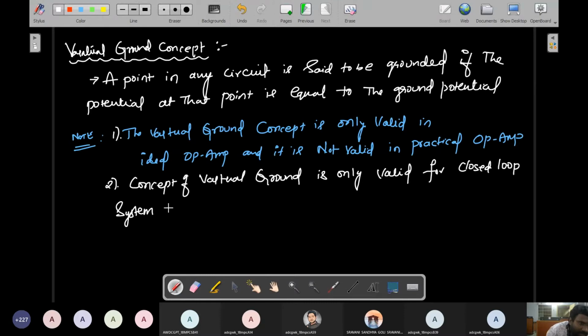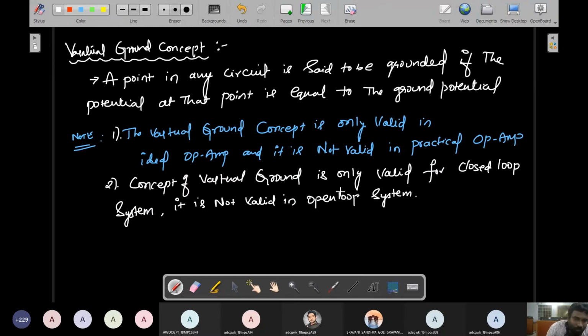It is not valid in an open loop system. This is also a very important point.